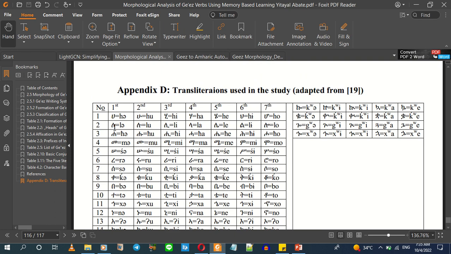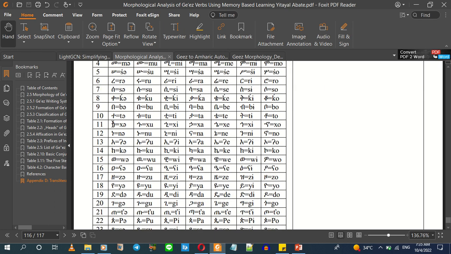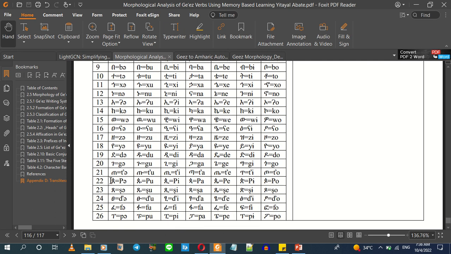So this is ha, le, ha, me, se, re, se, ke, be, te, ha. There are some repeated sounds with different characters. Okay, this is ne, a, ke, we, a, ze, ye, de, ge, te, se, se.